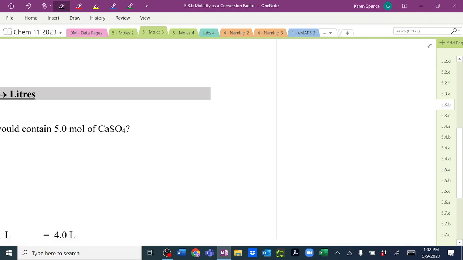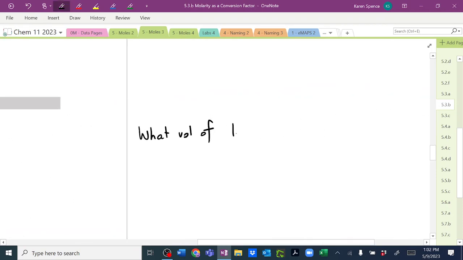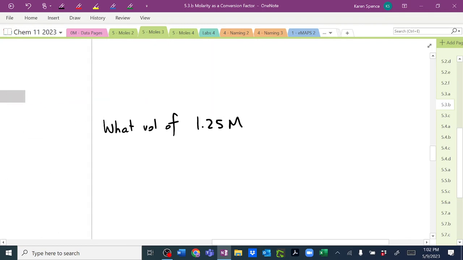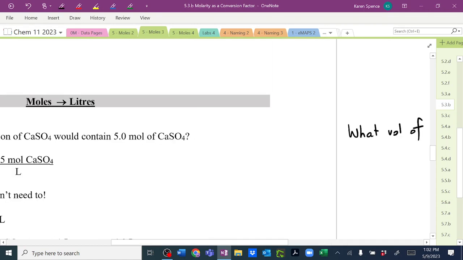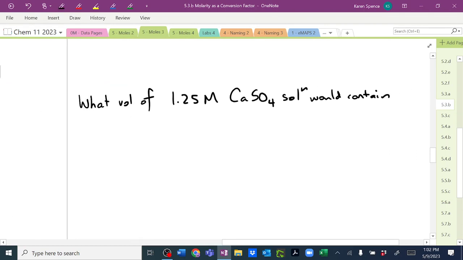And the question is, what volume of 1.25 molar calcium sulfate solution would contain 5 moles of calcium sulfate?